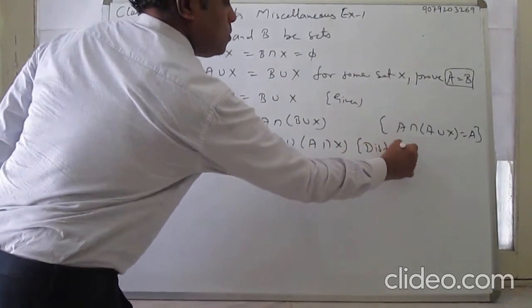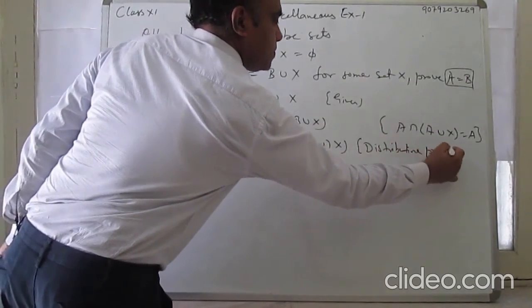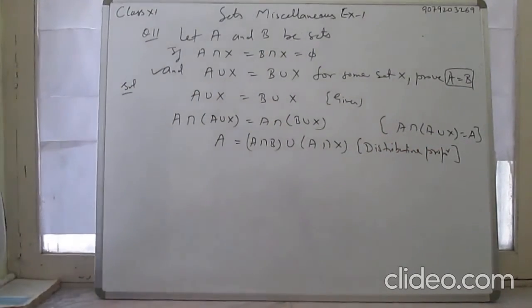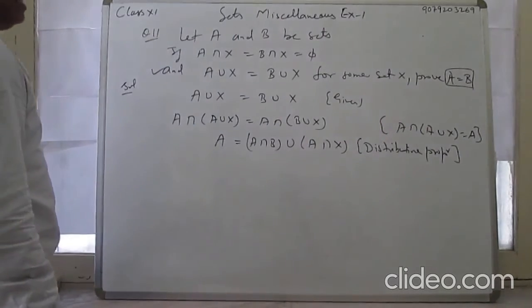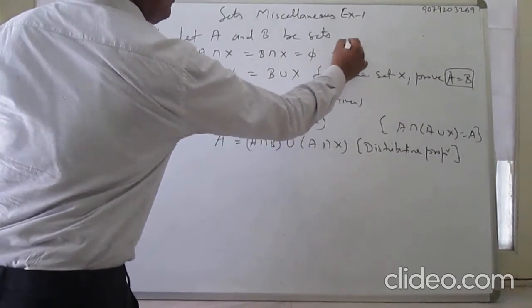Now what is the value of A intersection A? This is A.